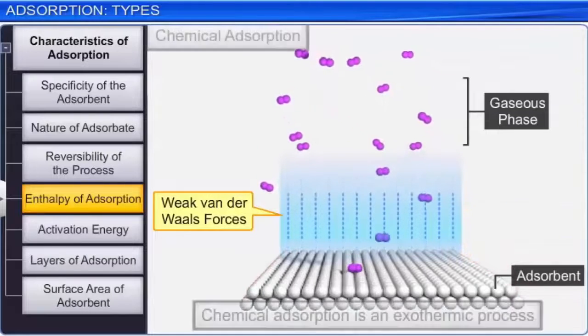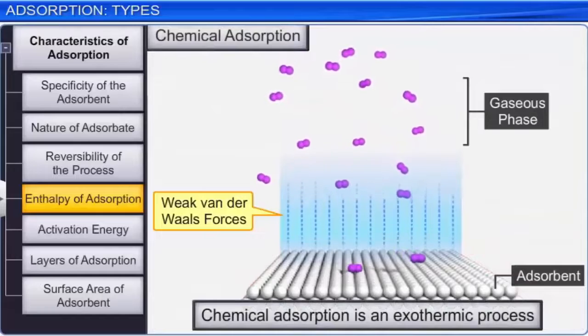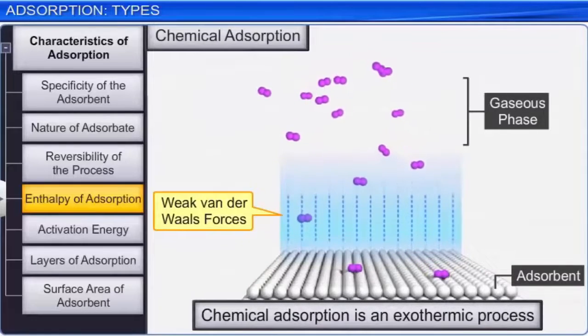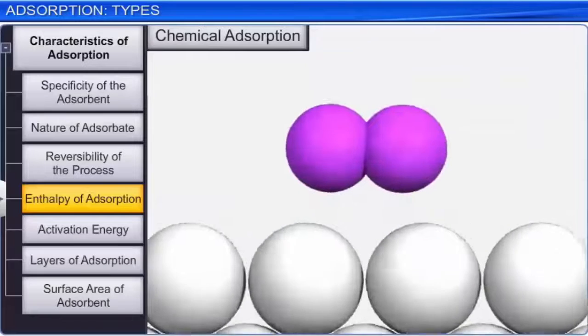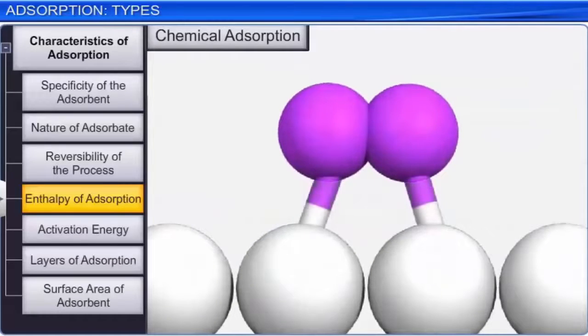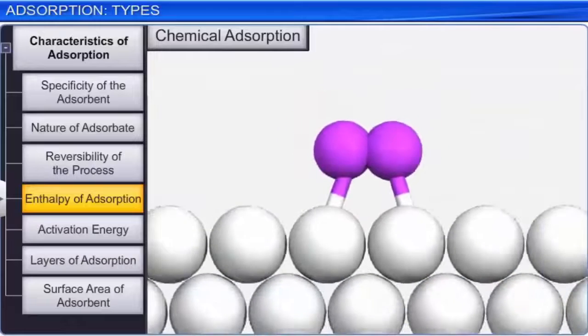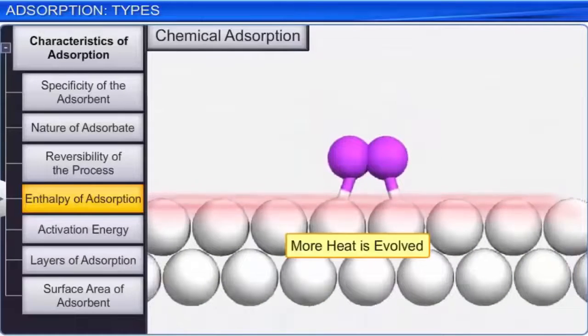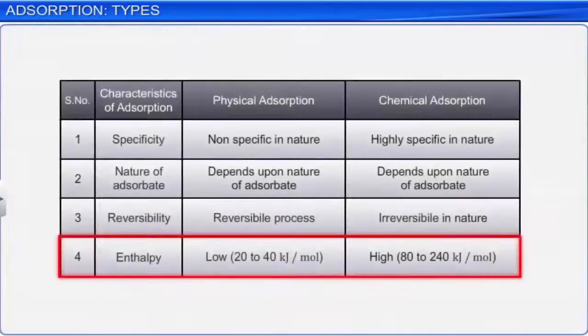However, in chemical adsorption, surface compounds form, and the forces involved are similar to chemical bonds. Thus, a relatively high amount of heat is evolved, about 80 to 240 kilojoules per mole. Therefore, we see that the enthalpy of physical adsorption is low, whereas the enthalpy of chemical adsorption is very high.